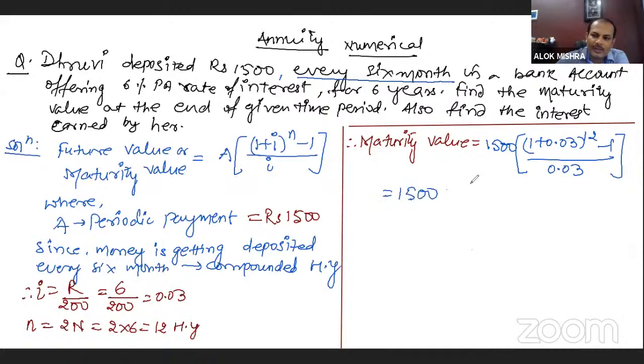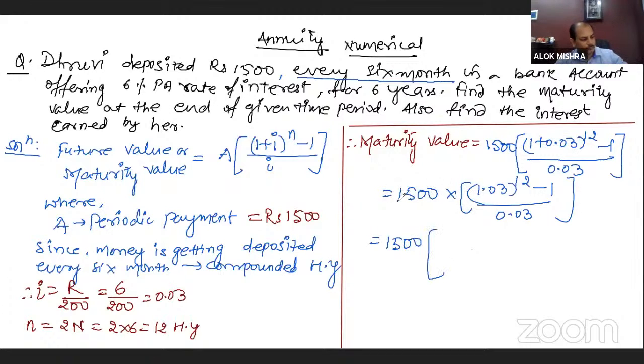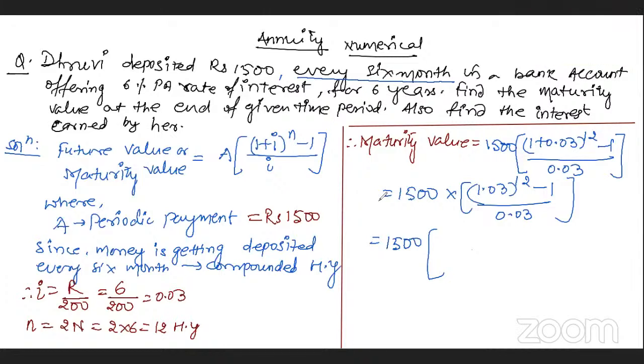So it's 1500 times (1.03 to the power 12 minus 1) upon 0.03. What is the value of 1.03 to the power 12?